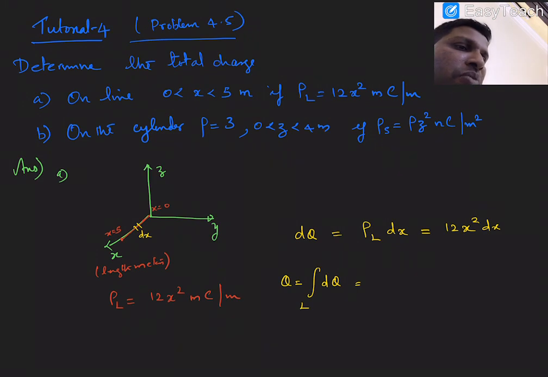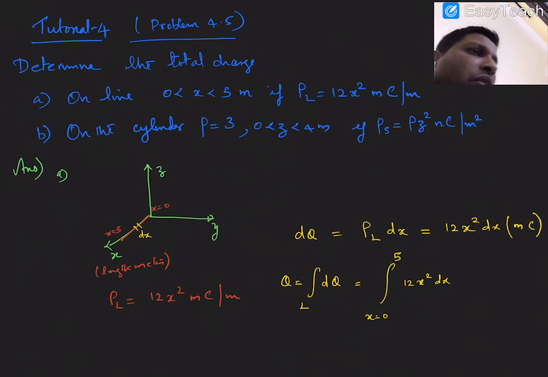So this is nothing but integral 12x square dx, where x changes from 0 to 5. Since we are multiplying with dx, you can see what the unit will be. The unit will be millicoulomb, because dx has the unit meter.